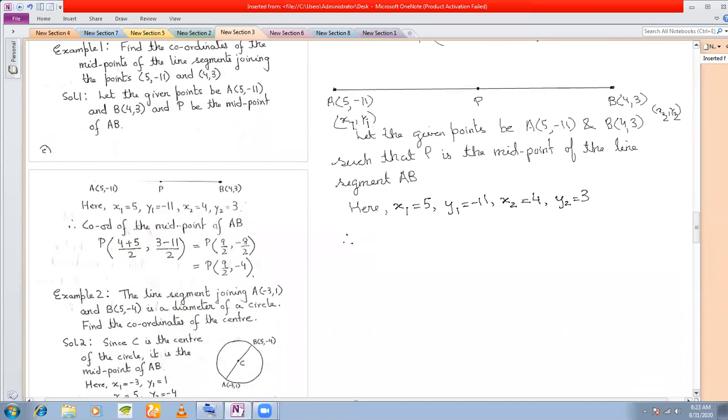So therefore what should be the coordinates of P? Coordinates of P are (x1 plus x2 by 2, y1 plus y2 by 2).